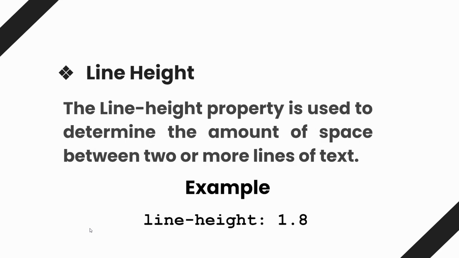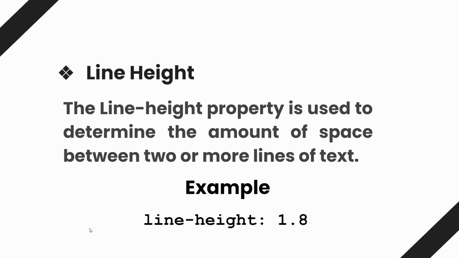So the next property we have is the line height property. This property is used to determine the amount of space between two or more lines of text. By lines of text, we are basically talking about the contents that are being rendered by HTML elements. We all know that the p tags are block level elements.